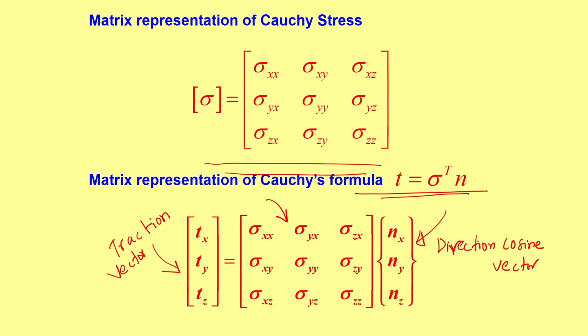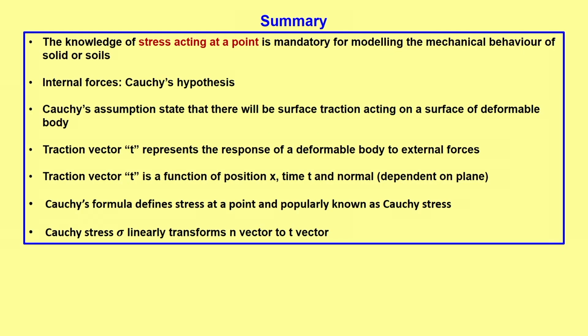Direction cosines are always associated with a plane. So, you have T, sigma transpose and n. This is the matrix representation of Cauchy's stress and Cauchy's formula.